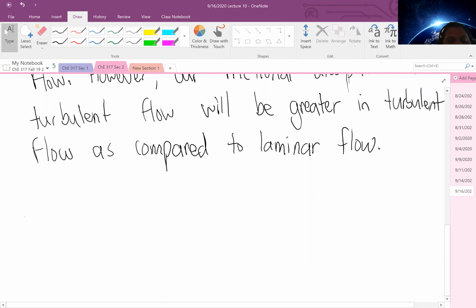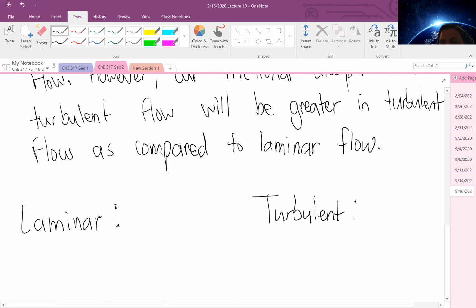And so what we find when we're looking at a comparison between laminar flow and turbulent flow, now, could anyone remind me what the expression we had developed on Monday for laminar flow is called?